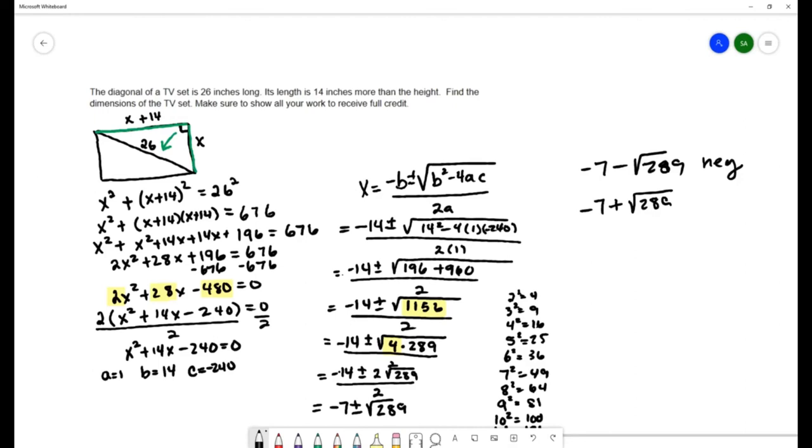I'm doing this in my calculator here. Square root of 289.